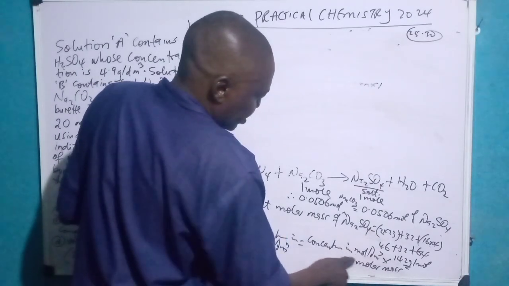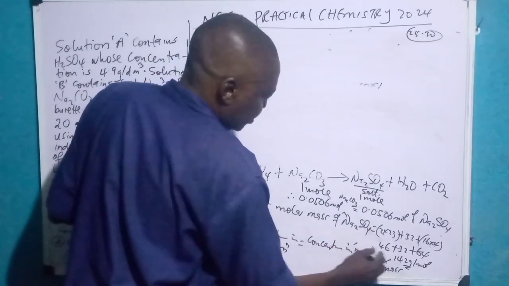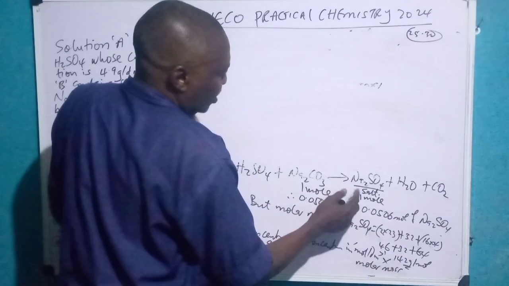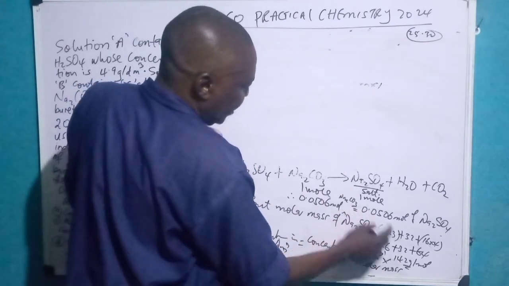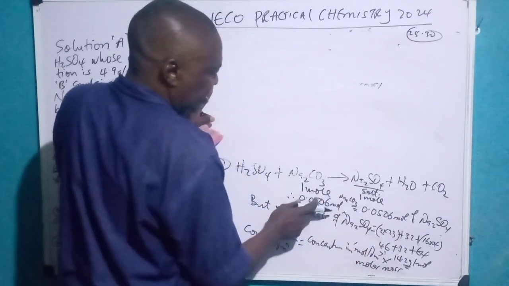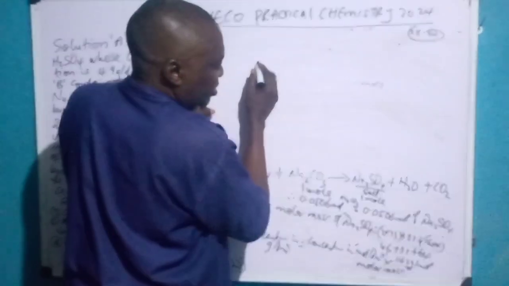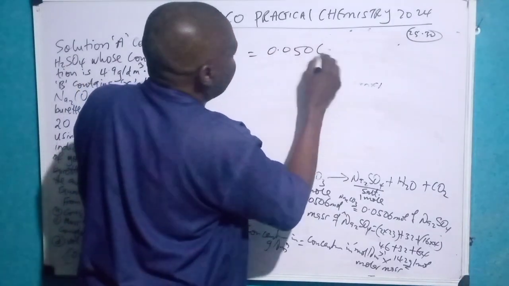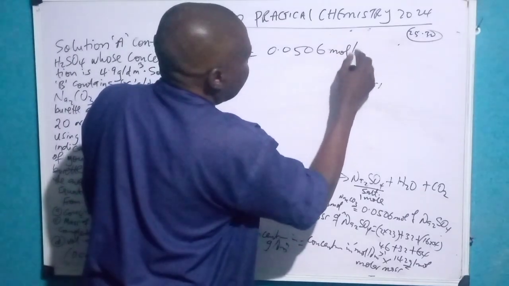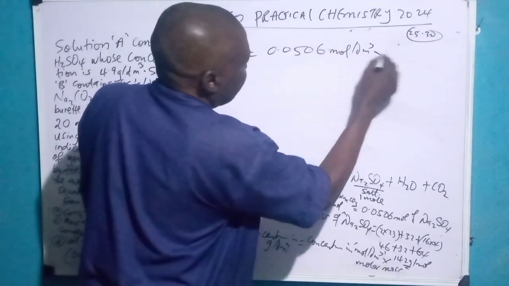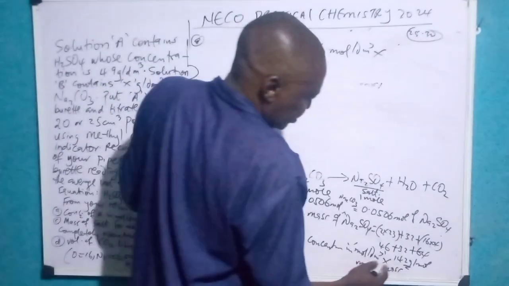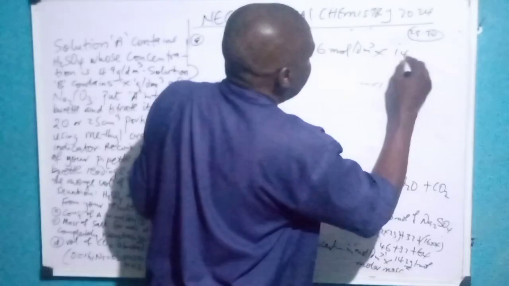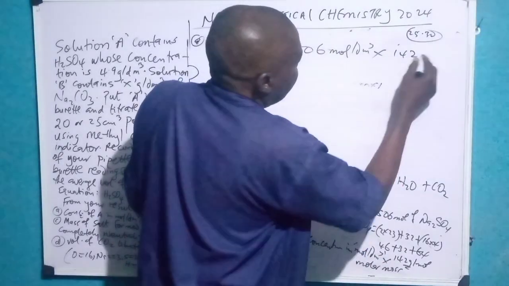So the concentration in mole per dm cube is what you have initially, 0.0506. Remember we said this equals this, mole per dm cube. 0.0506 mole per dm cube times molar mass 142 gram per mole.